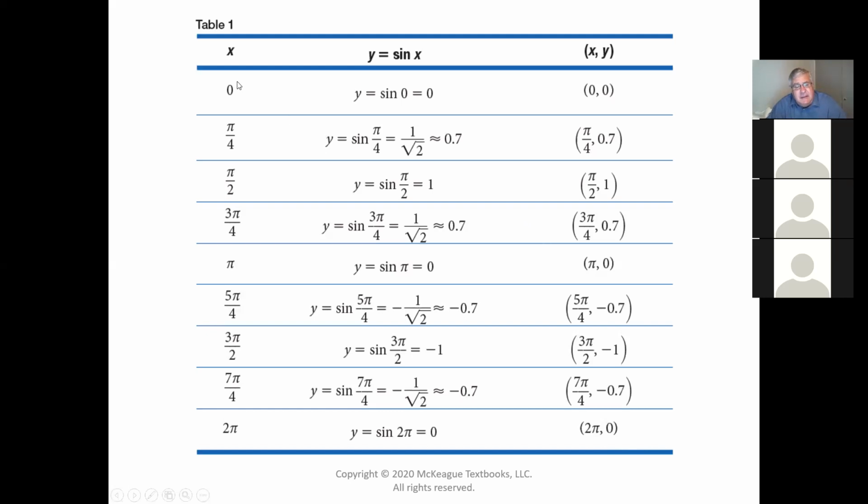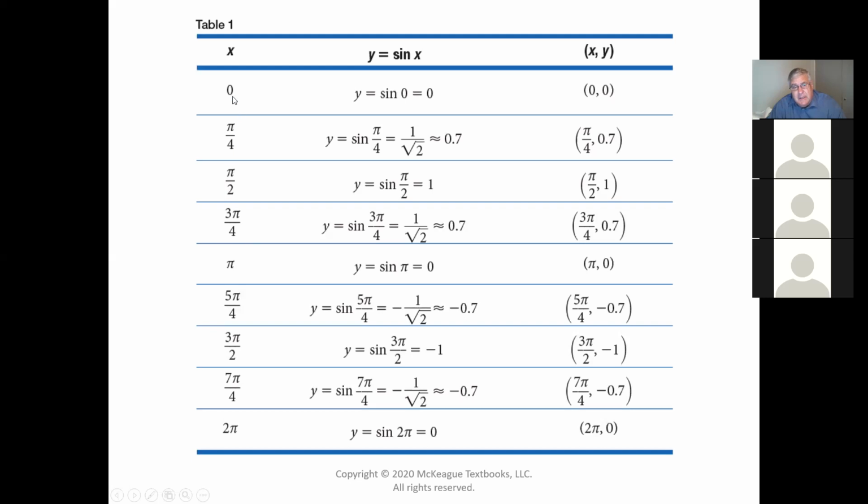Notice the scaling that's used on the x-axis to graph this sine function, ladies and gentlemen. How many units apart are these tick marks spaced? Anybody? 45 degrees, or in radians, we would say what? They're spaced pi over 4 radians apart.